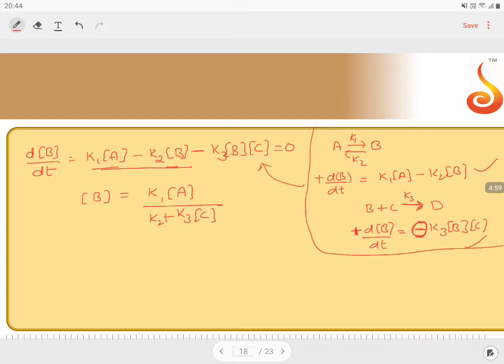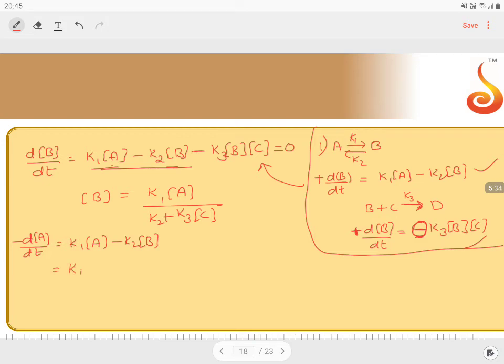I have given you this information again. Now you have the concentration of B with you. Now we write the rate expression for A: minus dA by dt. From the first equation, dA by dt is K1 into concentration of A minus K2 into concentration of B. Can I substitute the concentration of B in this equation?